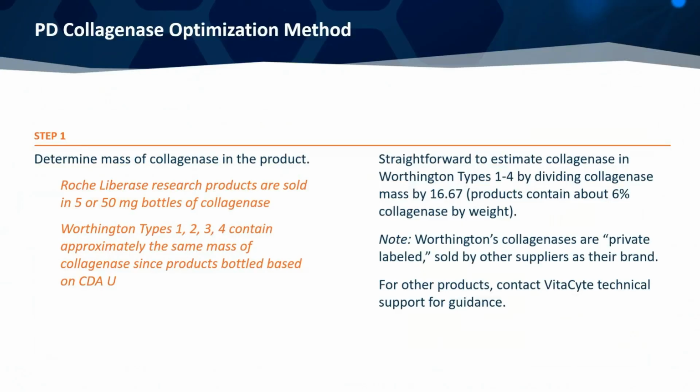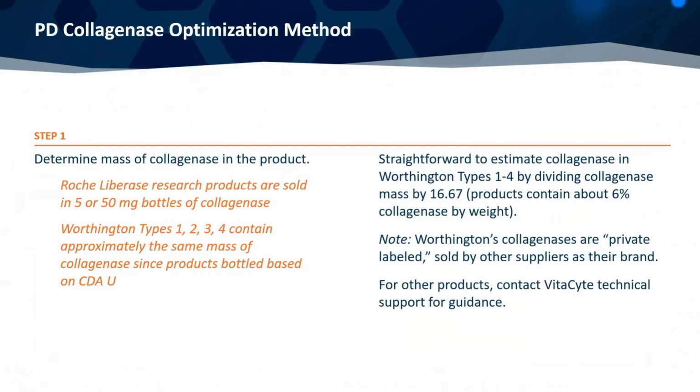Note that a large part of Worthington's business is private labeling, so other suppliers could be using the same products. For other products, you'd need to contact VitaCite Technical Support for guidance, because the Sigma products are extremely variable in compositions.